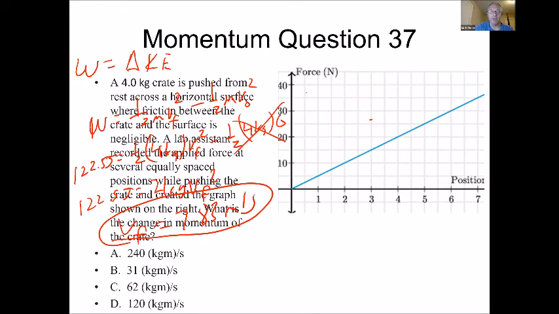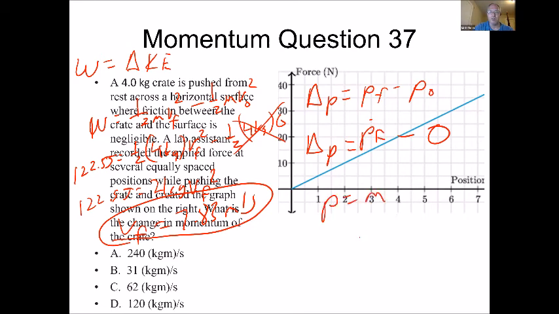Well, our change in momentum is going to be equal to our final momentum minus our initial momentum. Our initial momentum is 0 because we're starting from rest. So we need to know what our final momentum is. And we know that momentum is mass times velocity. So our mass is 4 kilograms and our velocity is 7.83 meters per second.